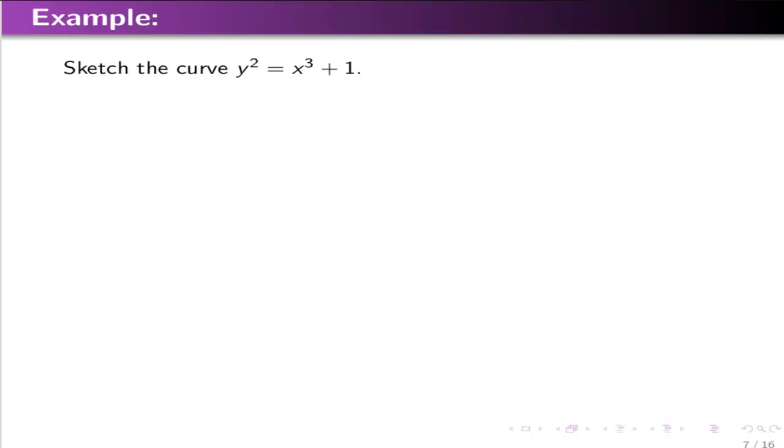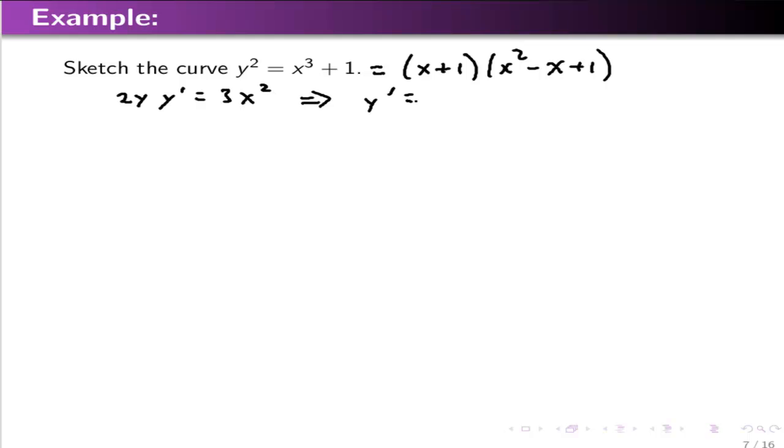And then for the other type, when you factor x cubed plus 1, you just have a single real zero and two complex zeros. The two zeros of the quadratic are complex. And again, the derivative is 3/2 x squared over y.